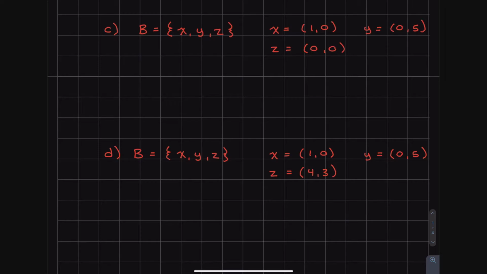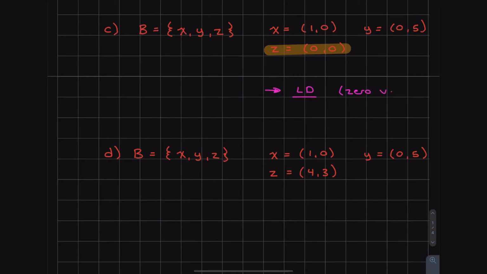Those are the exact same as before. But now we have this third vector, z, which is 0, 0. And I like this one because it could be a really good midterm trick. So right away, I can say that this set of vectors is going to be linearly dependent, LD, and the reason why is because it has a 0 vector.